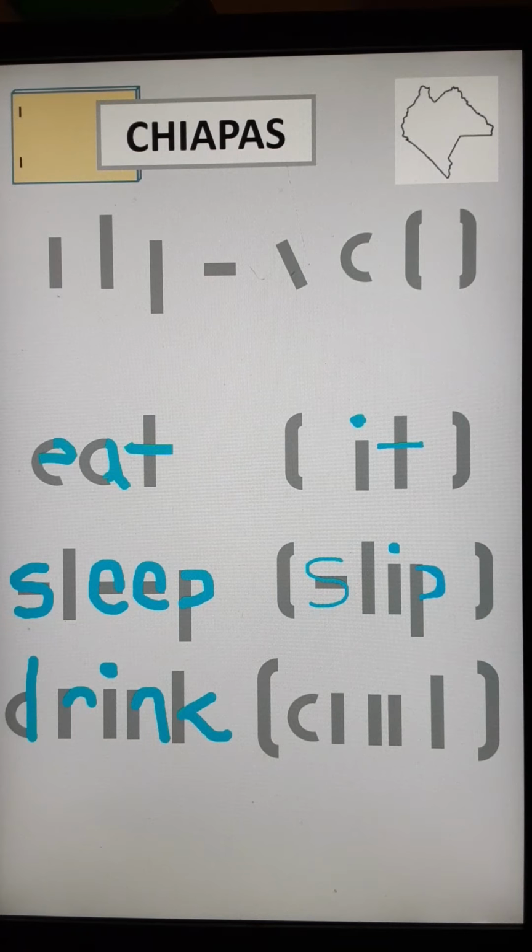Okay? Next one is drink. Here we have drink. And you will see that the letters and the sounds are very similar. Drink, drink, drink, drink.